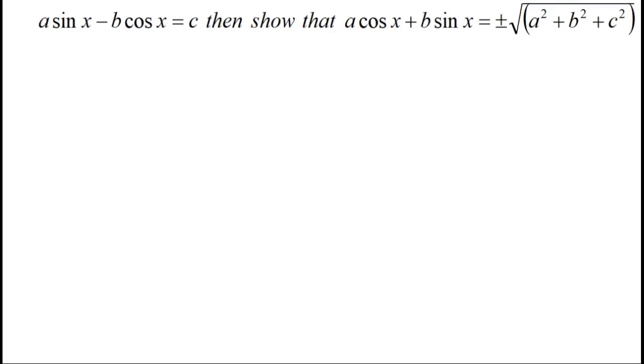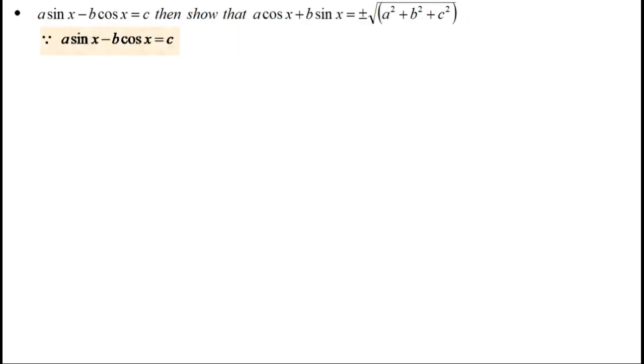If a sin x minus b cos x equals c, then prove that a cos x plus b sin x equals plus minus root over a square plus b square minus c square.